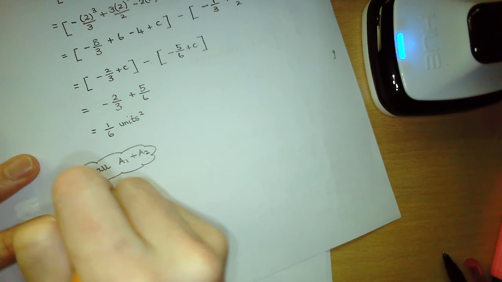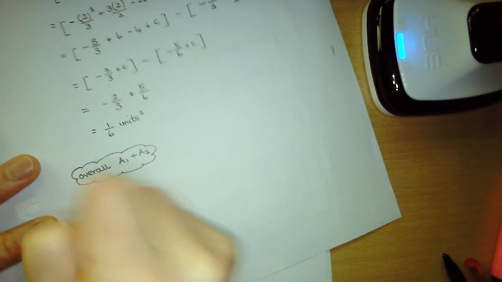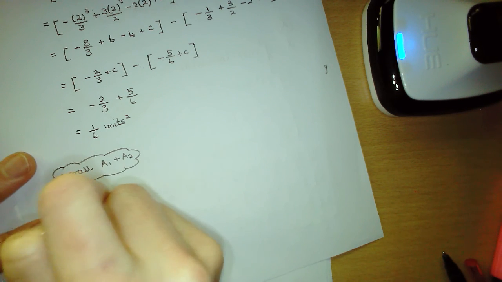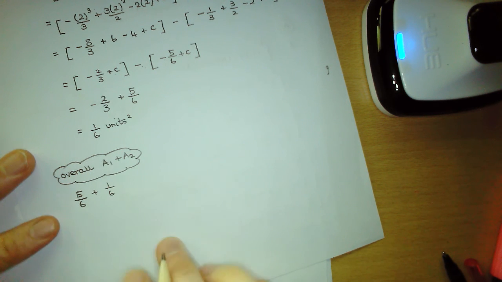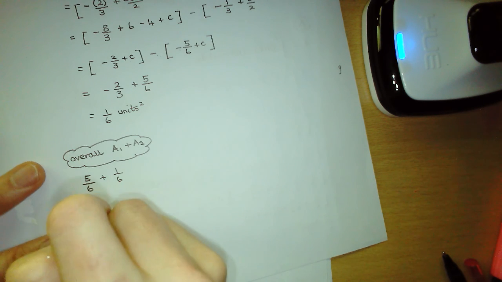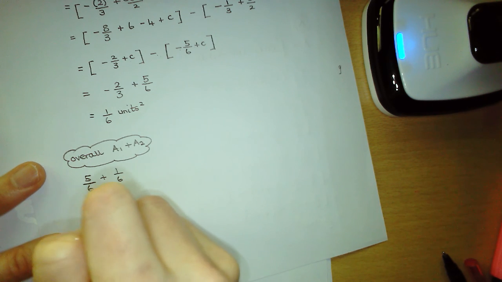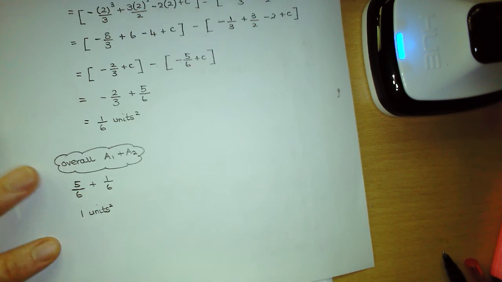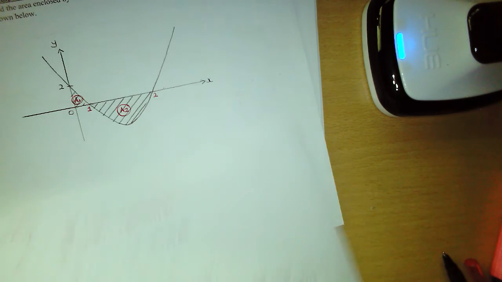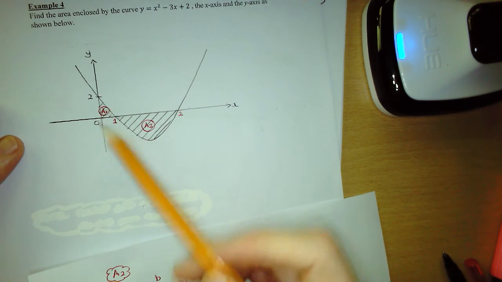So we've got 5/6, and then we're adding on A2, which is 1/6, and that's going to give us a total of 1 square unit. That's our final answer. So what we found is the overall shaded area.